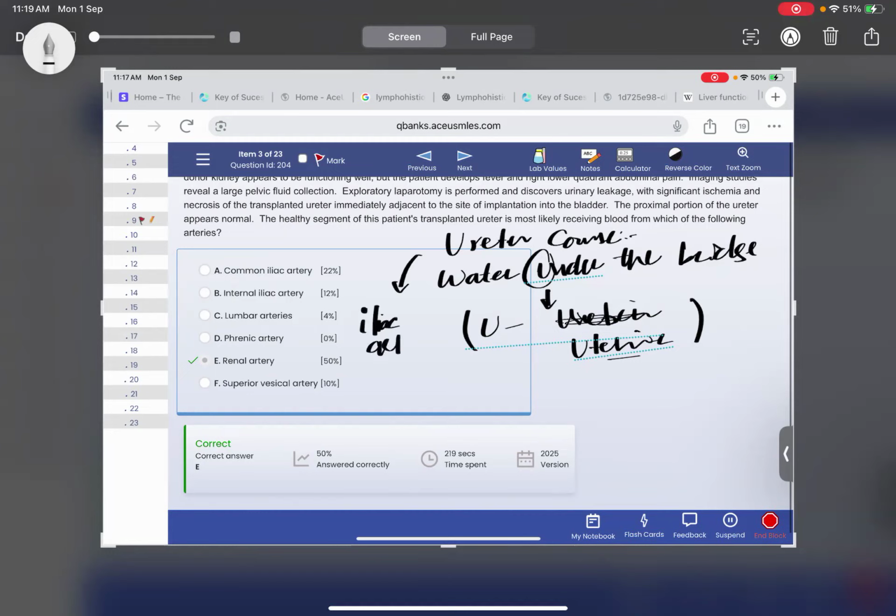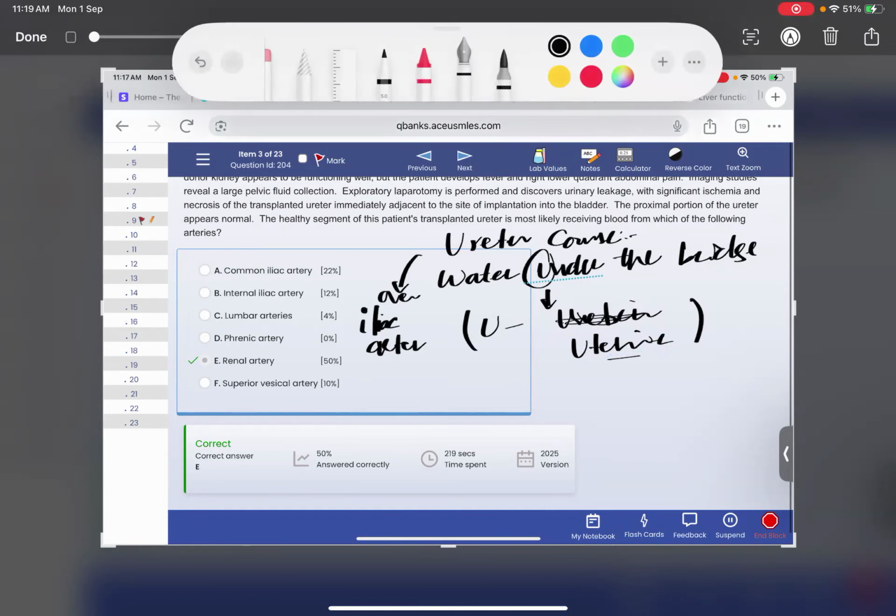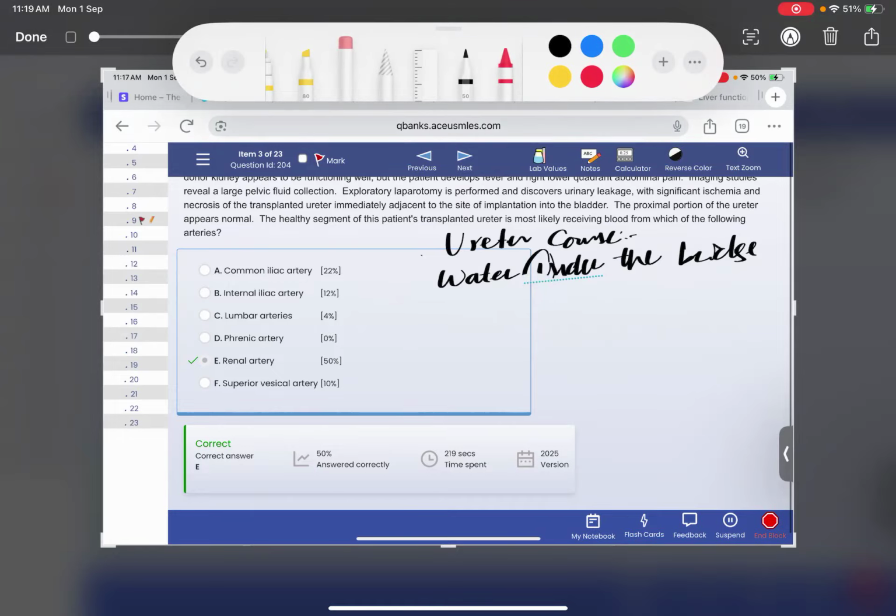Let me make it very clear. In the course, first the ureter is going down over the iliopsoas.